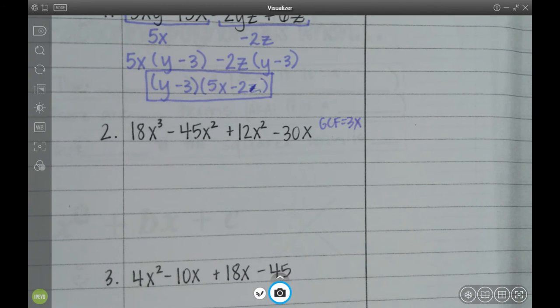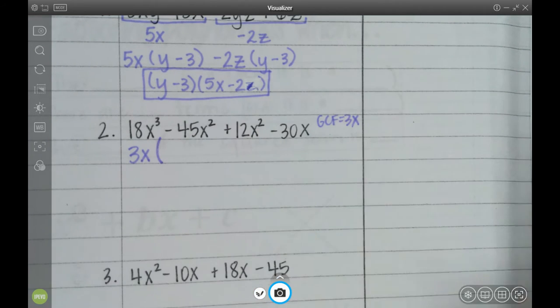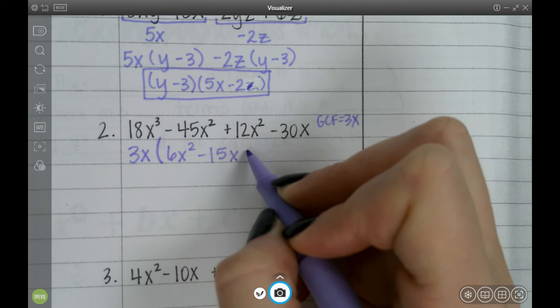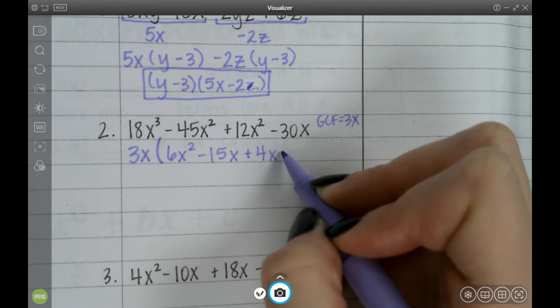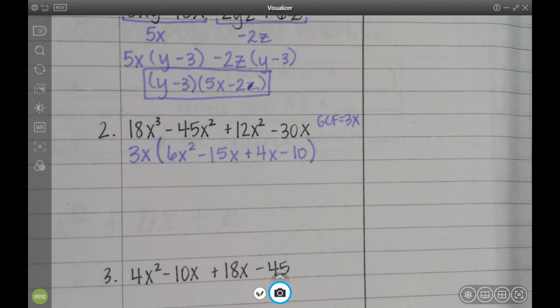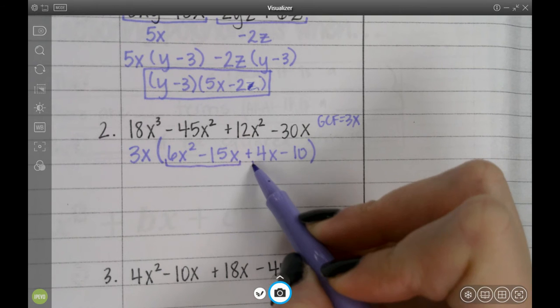So there's an extra step on that number 2. Take the 3x out first, out of all 4 terms. Once you've done that, then you factor by grouping as normal.